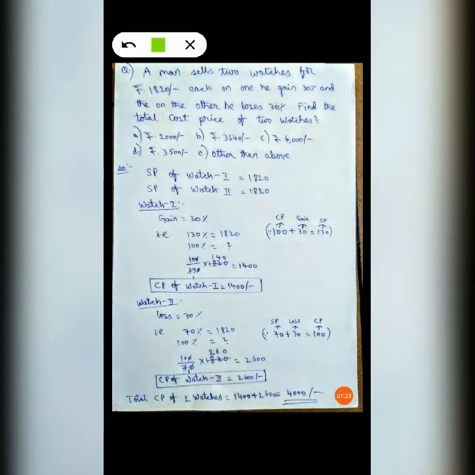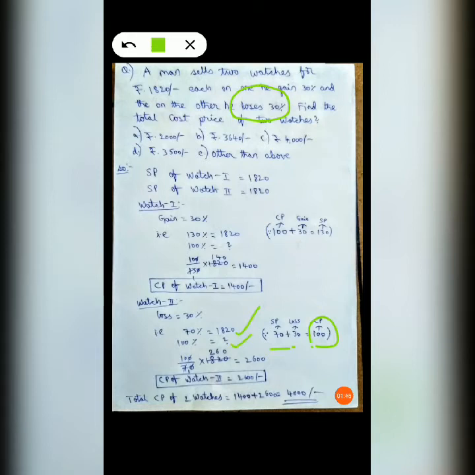Now we'll identify the watch 2 cost price. On watch 2 he lost 30%. When loss is 30%, selling price is 70%. So 70 plus 30 is 100%. 100% is the cost price. We know the 70% value. We'll identify the 100% value.